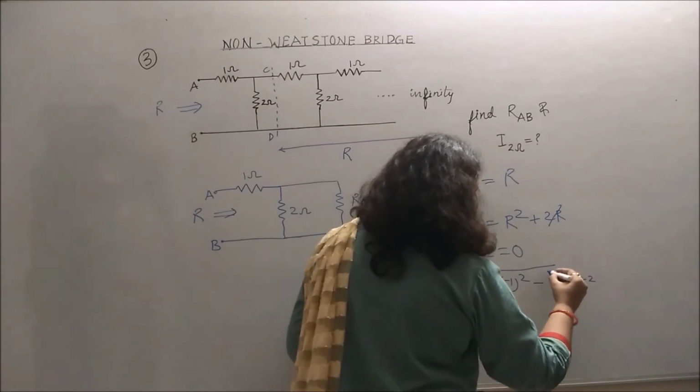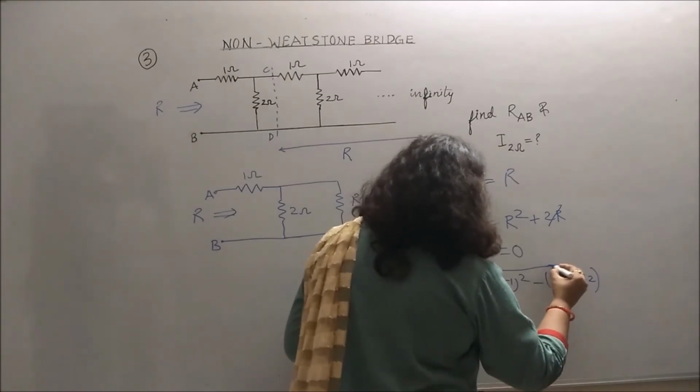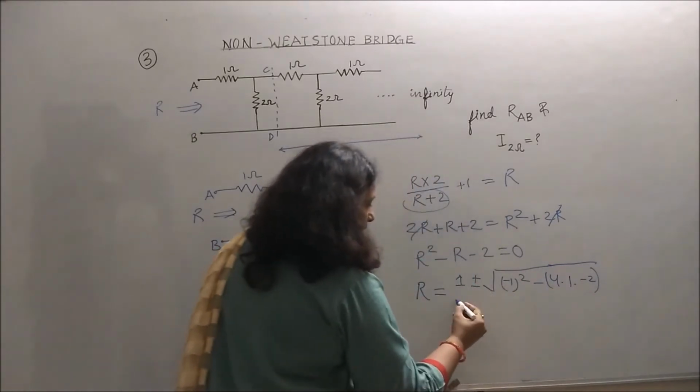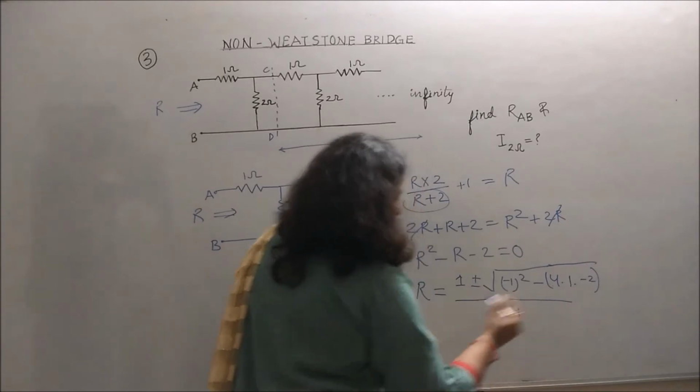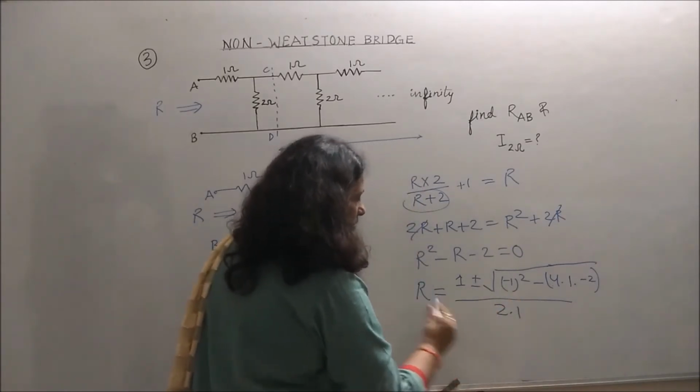Okay, so this is the second term, divided by 2A, A is 1, so it is 2 into 1. This will give us the value of R.